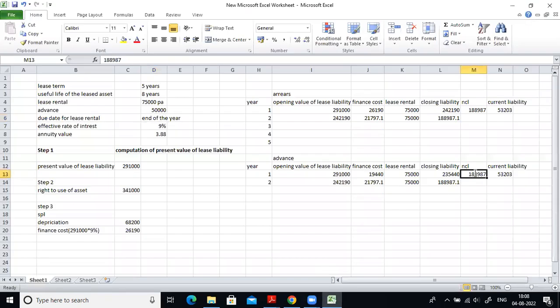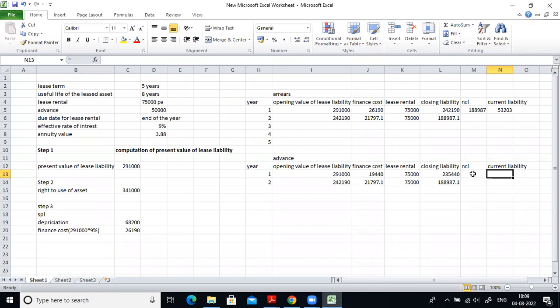Now, as you asked, how to get the current liability in this case? How much amount do we need to consider as current liability, because we got closing liability as 2,35,440. In that, what will be the current liability? Very simple: the current liability is nothing but whatever lease rental you are paying.